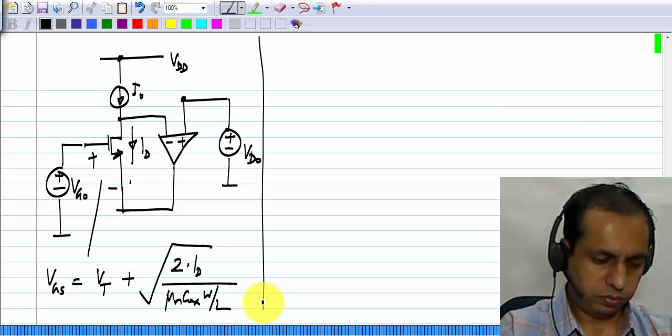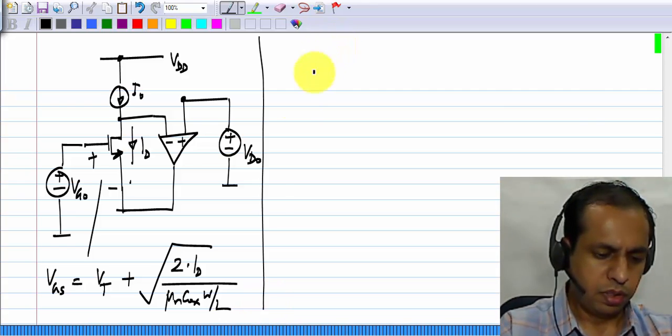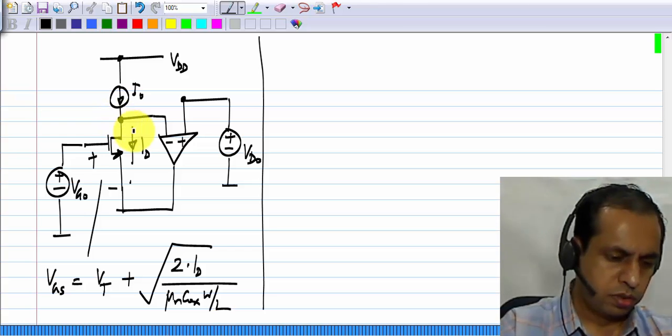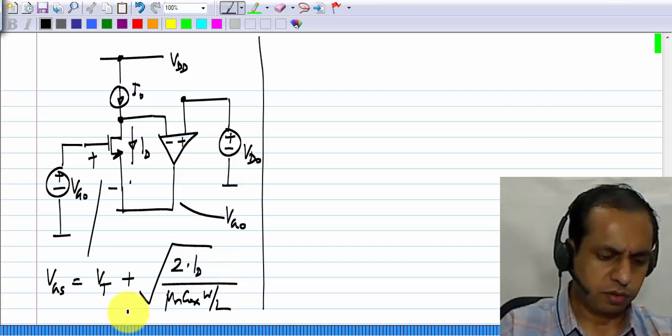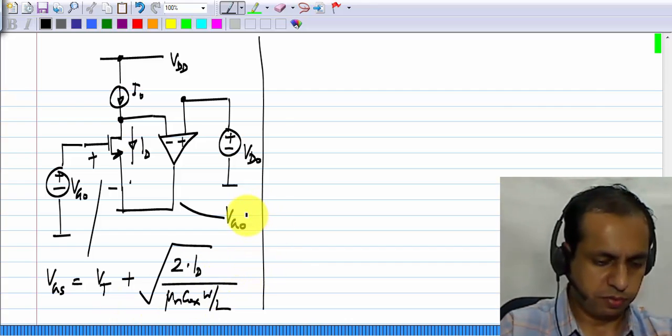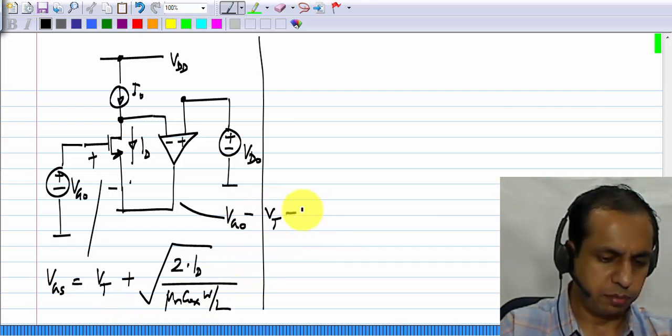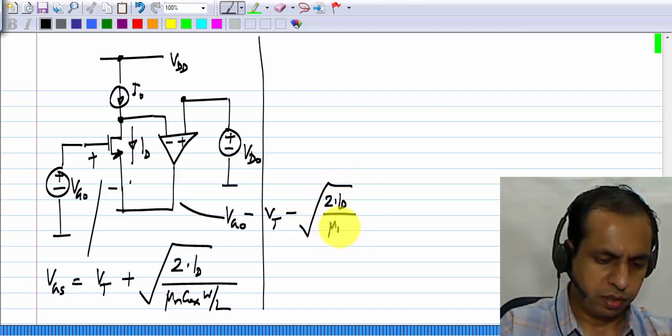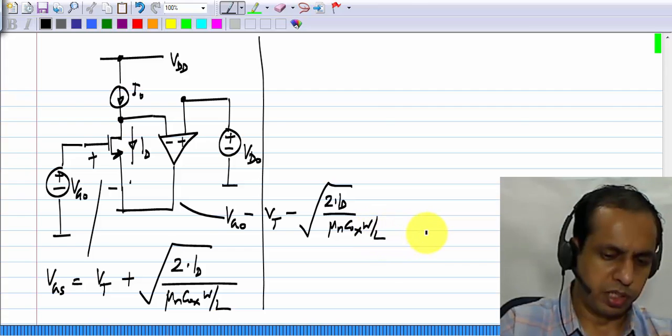Now the voltage at the source would be VG0 minus VGS, which is VG0 minus VT minus the square root of 2ID by mu n C ox W by L.